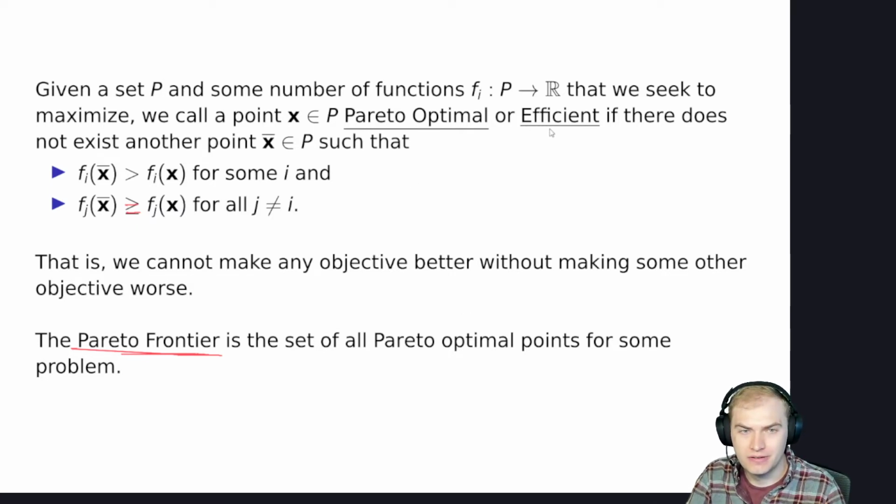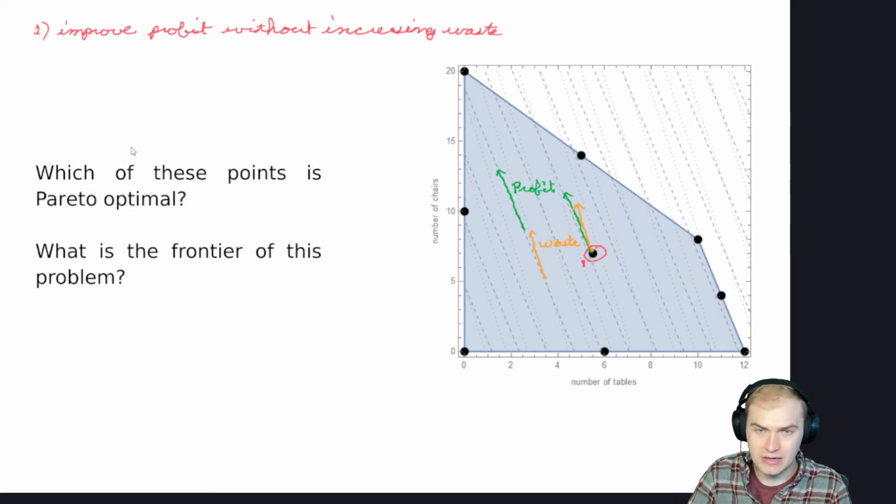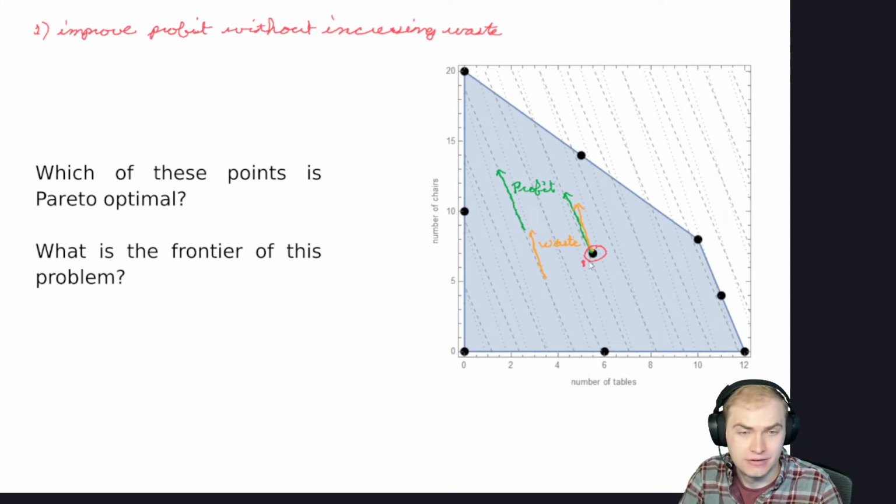And a point is Pareto efficient if there does not exist such a point like that. In this example, there does exist such a point, any point on this yellow vector. So, no, it's not Pareto efficient.